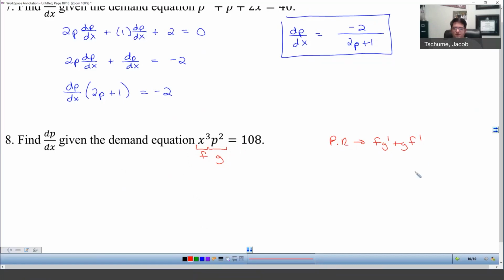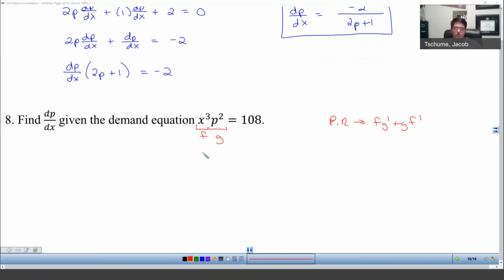So if I were to do the product rule of x cubed times p squared, this would be f, which is x cubed, times the derivative of p squared, which is 2p times dp/dx, plus my g function, which is p squared, times the derivative of f, which is 3x squared, equals the derivative of 108, which is 0.